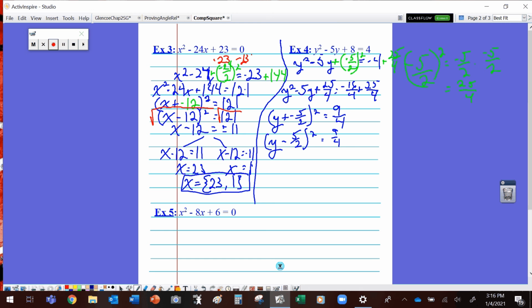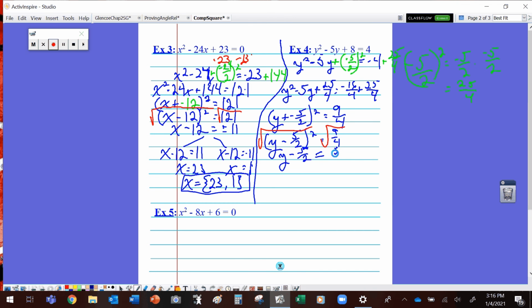Okay, now I'll take the square root on each side. On the left side, I'll just have y minus 5 halves. On the right side, if I want to square root a fraction, here's a little trick. Just square root the top.